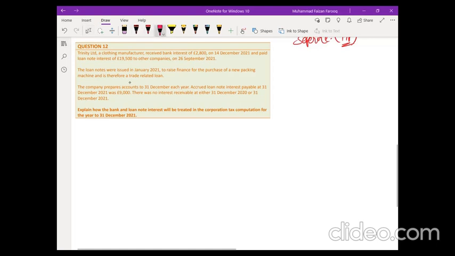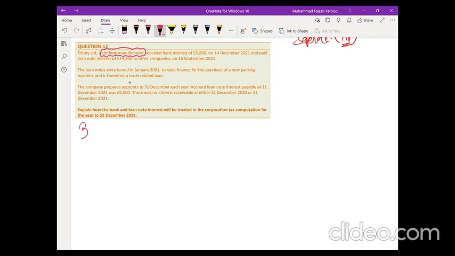Okay, now, first of all, Trinity is a clothing manufacturer. He received bank interest and he paid loan interest. Okay, so there is interest income as well and there is interest expense as well. So in corporation tax, he needs us to explain. The calculation question will come following this question.